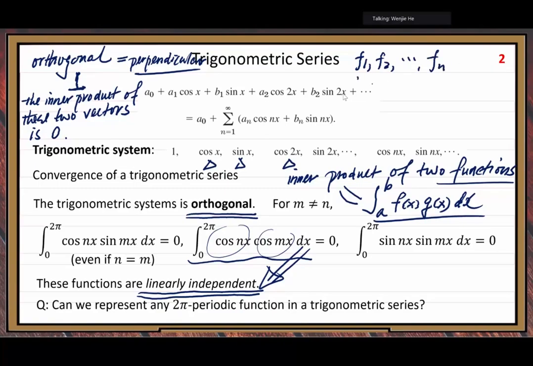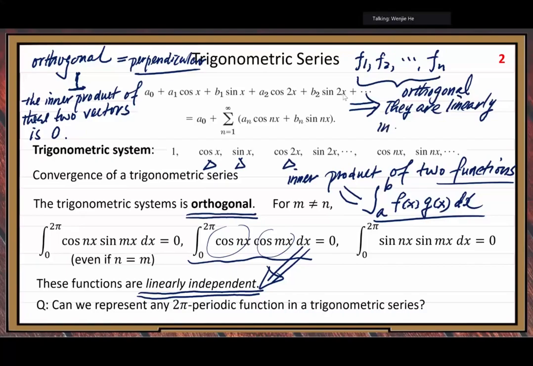Here I tell you these n functions are orthogonal. Now, can we say that they are linearly independent?